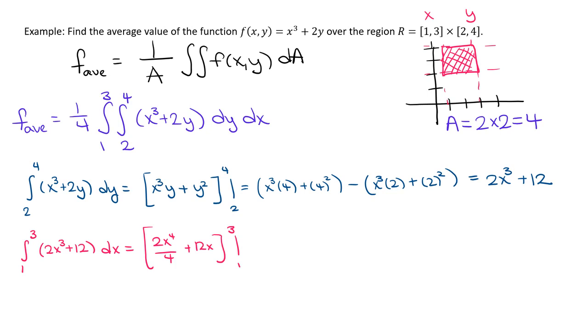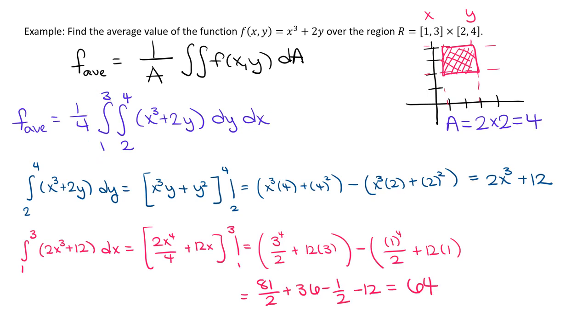Then I'm going to take that answer, 2x^3 + 12, and integrate it with respect to x, with bounds 1 to 3. 2x^3 becomes 2x^4 over 4, and then plus 12x. Then I plug in the 3, plug in the 1, and subtract those values.